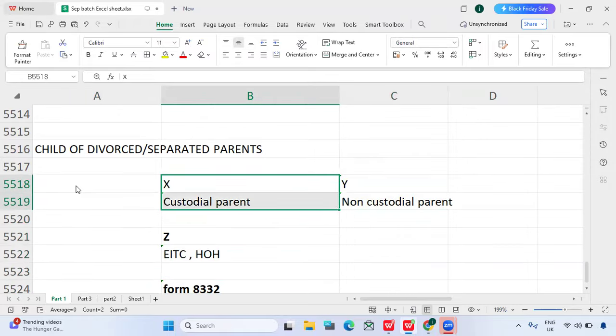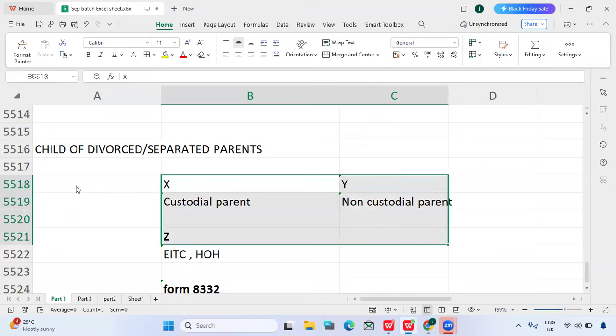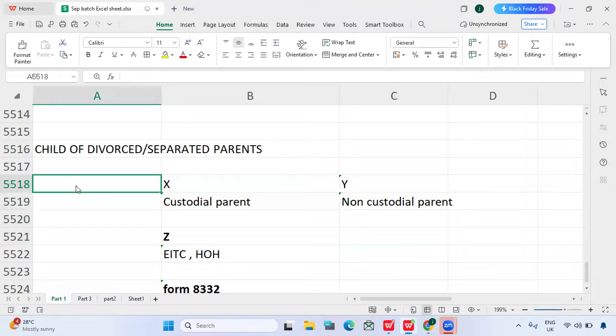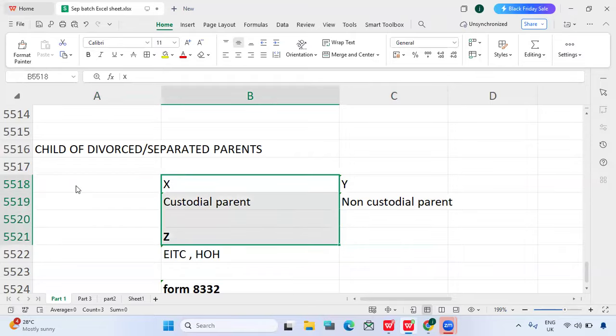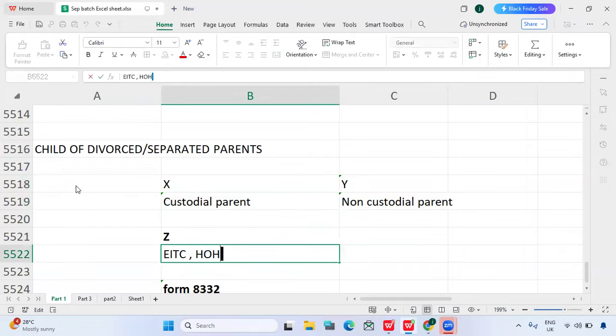To consider a person as head of household, he should have a child or dependent. Even though X had transferred Z to be claimed as a dependent on Y's tax return, and on X's tax return we don't have the dependent, we can still claim HOH filing status, because we have released the dependent option. So in HOH cases, the custodial parent can still hold it.